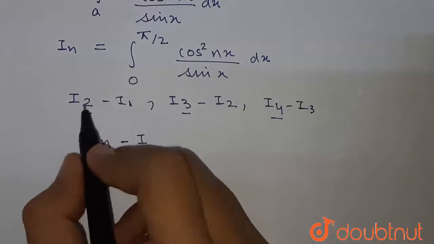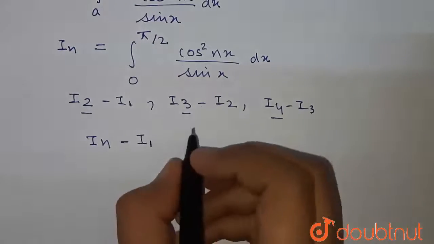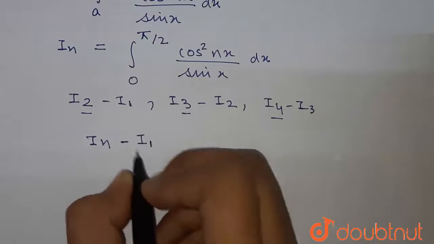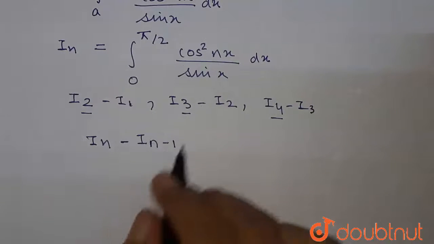See, if n is 2, then 2 minus 1 gives I1. Similarly 3 minus 2 gives I2. So this is In minus I(n minus 1). Okay, so this is of this form.